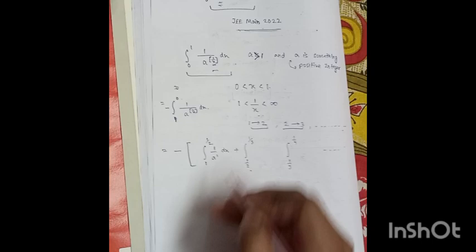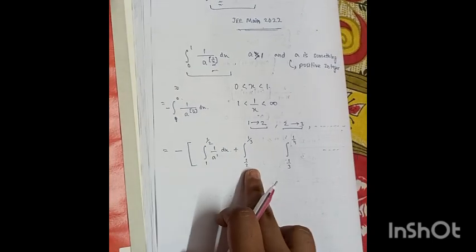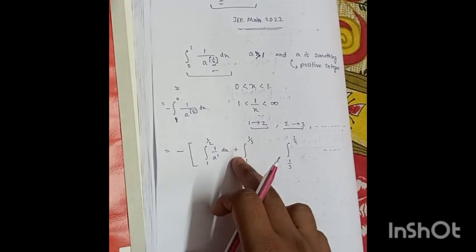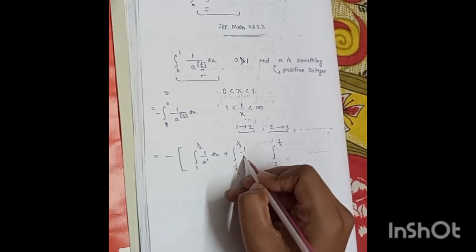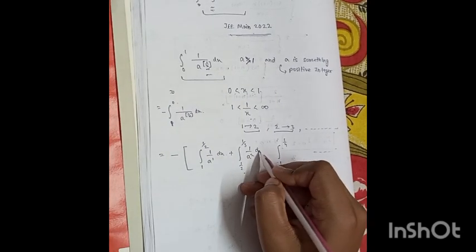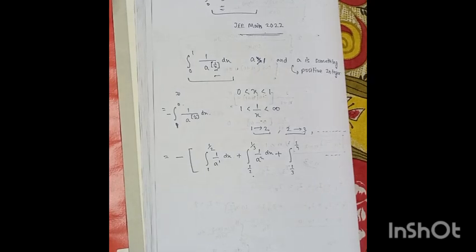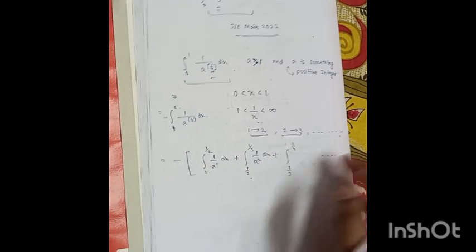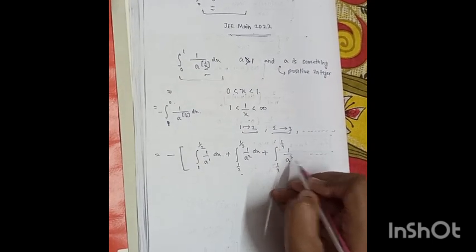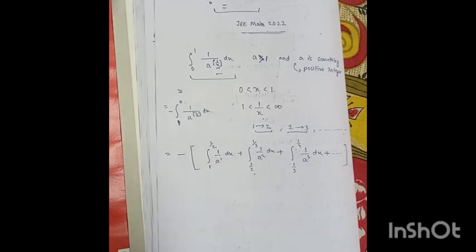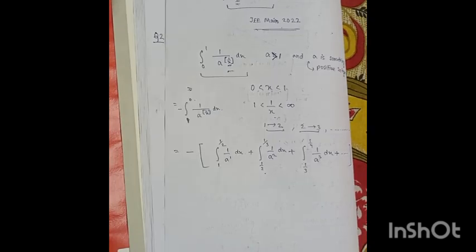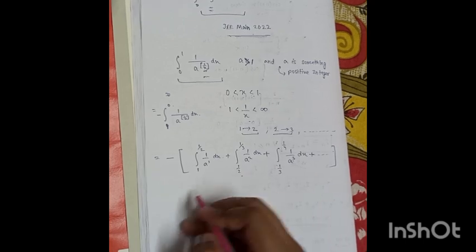This plus this integral. As 1 by x varies from 2 to 3, the greatest integer will become 2, so it will be 1 over a squared into dx, plus this integral. So we can simply see the pattern here. This will continue up to infinity. We don't need to write the infinite terms, of course.